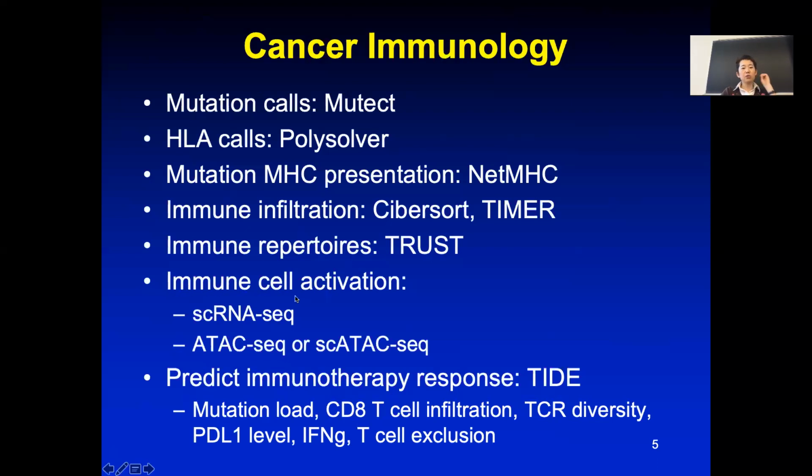And then in order to really understand the overall immune microenvironment, which cells get activated or have differential expression or proliferation, people are now using more single-cell RNA-seq to look at the different cell populations and whether there are differential genes.